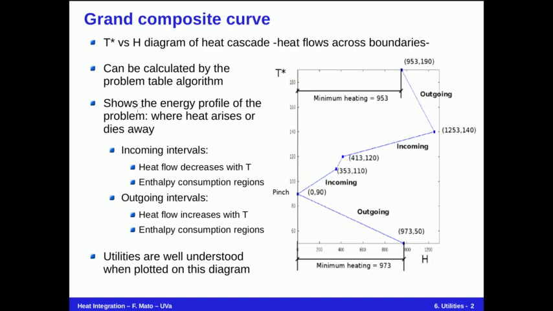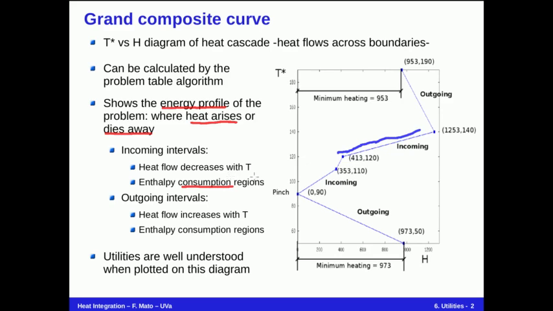Because of that, it shows the energy profile of the problem, where heat is in excess or in defect. Where meaning level of temperature. For example, in incoming intervals, it is when the enthalpy is reduced with decreasing T. These are enthalpy consumption regions because the heat flow decreases with temperature.